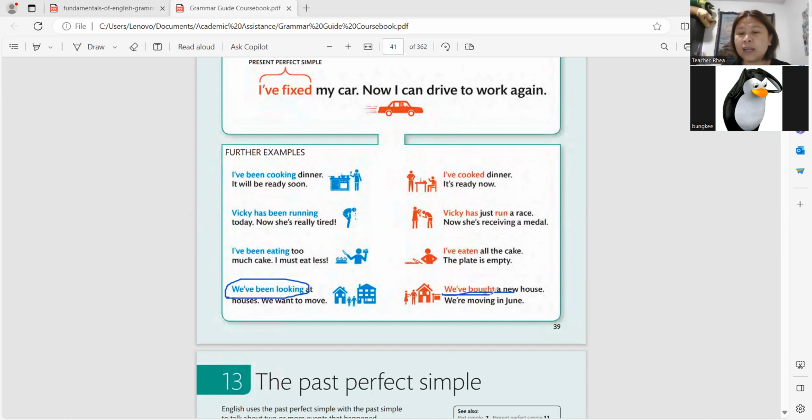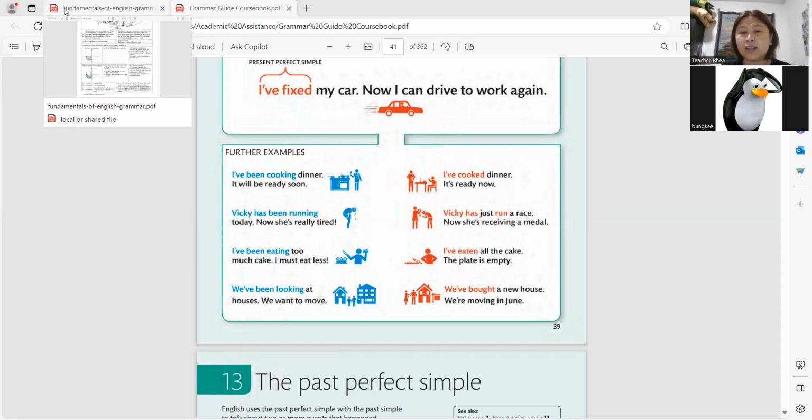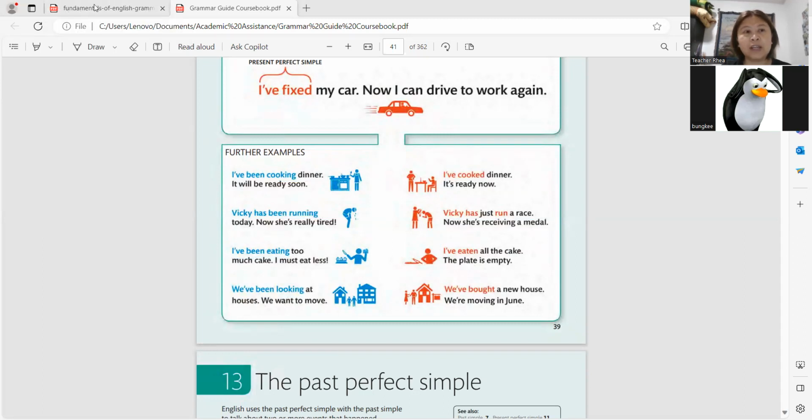So you already did the task, but there is no specific time when you bought the new house. But the event is already done. So that is about present perfect continuous and the difference between present perfect and present perfect continuous.